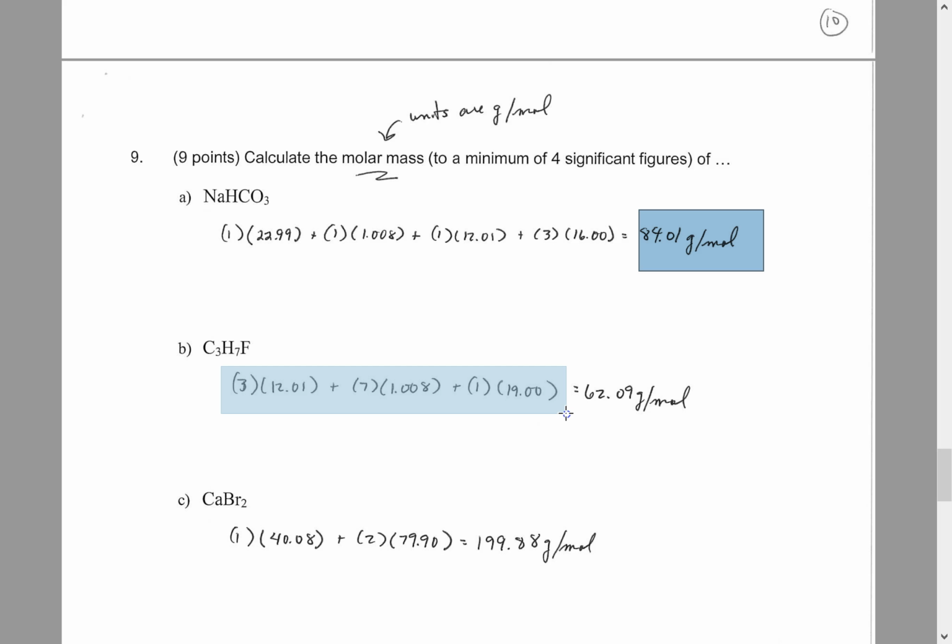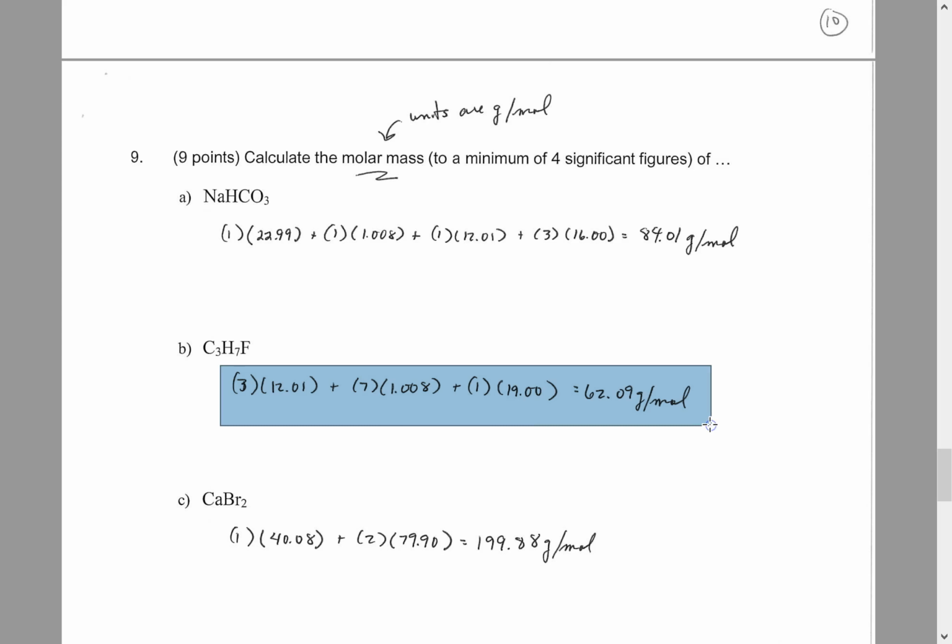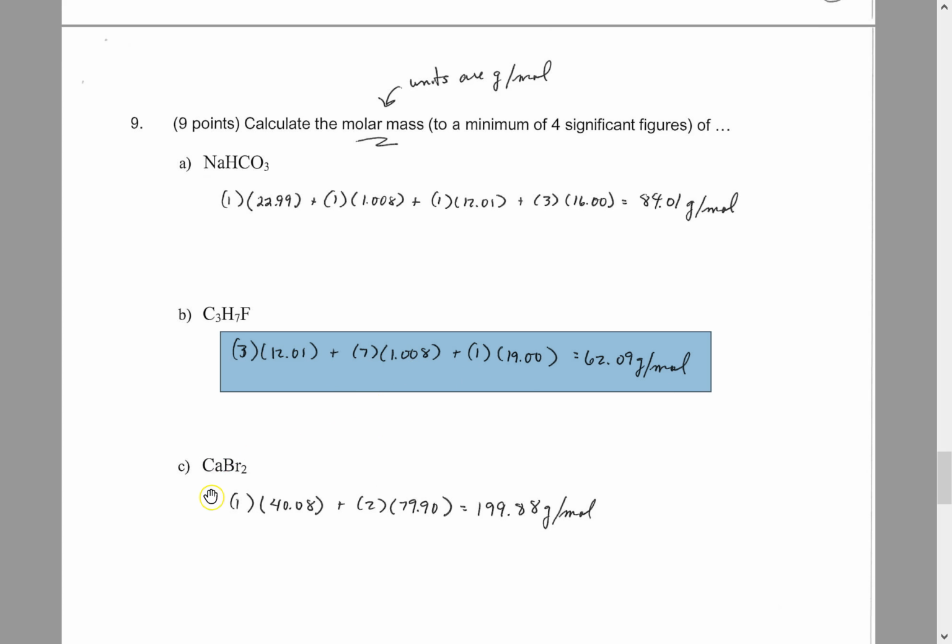Get the decimal number from the periodic table. That gives us a total molar mass of 62.09 grams per mole. For calcium bromide, we had 1 calcium, 2 bromines, which comes to 199.88 grams per mole.